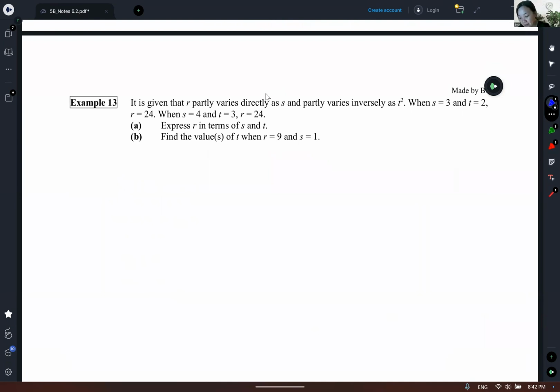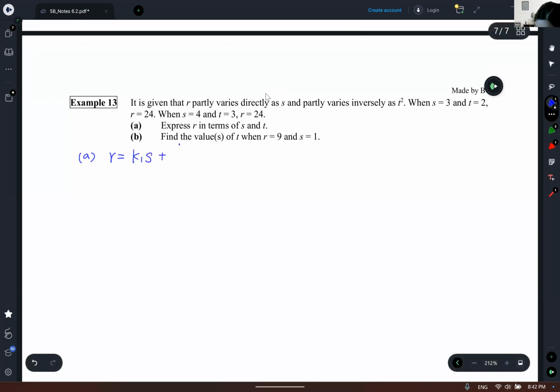Example 13. R partly varies directly as S and partly varies inversely as T squared. So I know that R partly varies directly as S and partly varies inversely as T squared. And I've got two sets of values, so I'm going to write them.